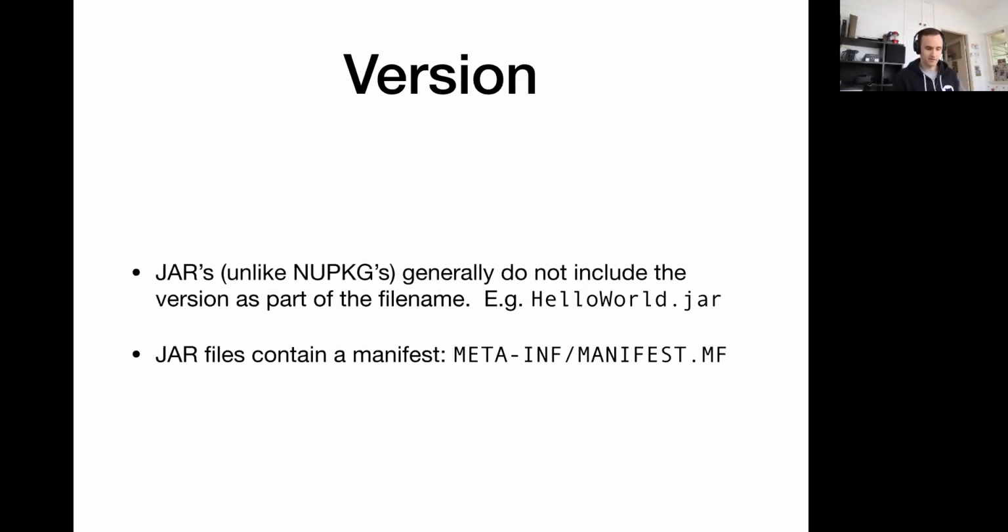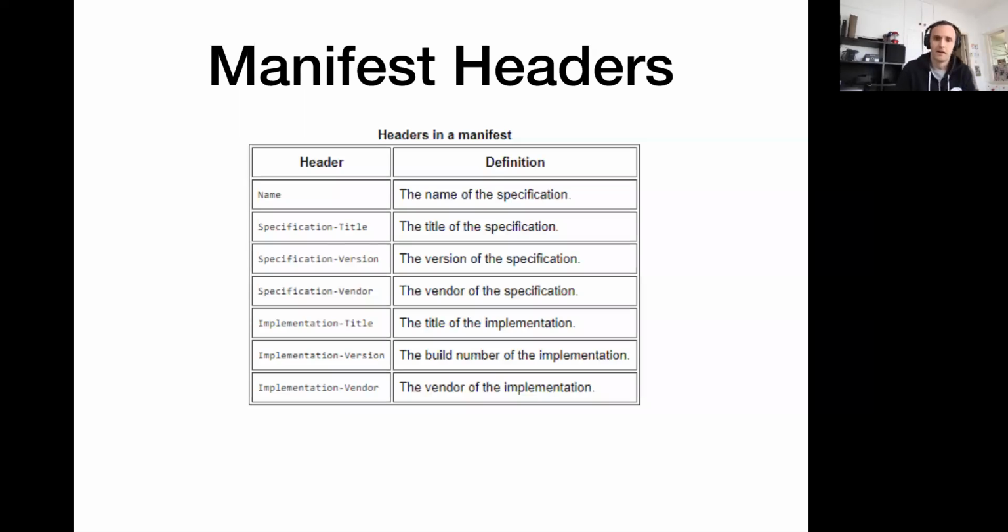There are defined headers within a jar file's manifest, and I guess we could define our own additional header to specify the version number, because these headers were designed with libraries in mind rather than deployment packages.